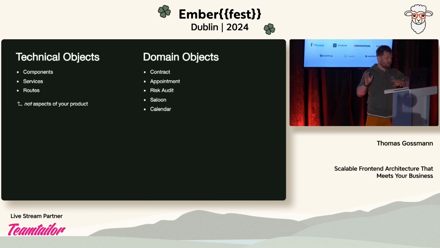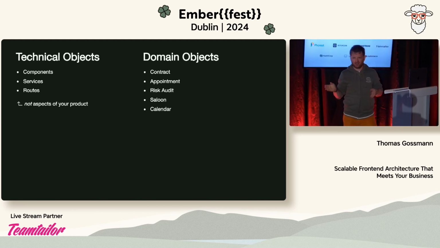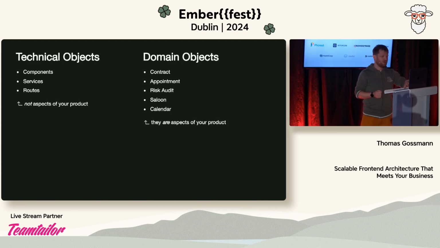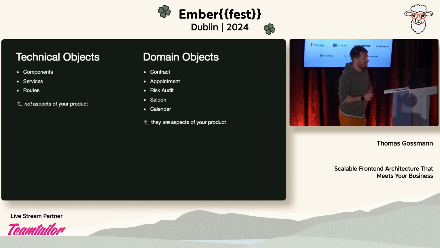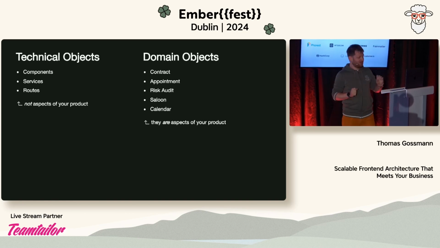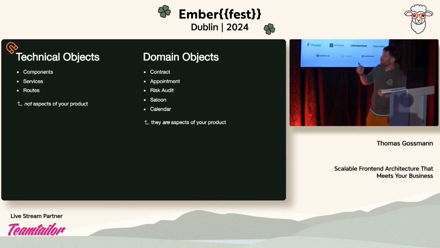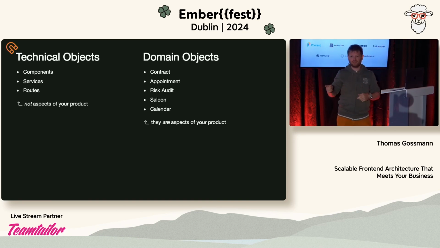The technical objects are not aspects of our products, but the domain objects are. However, these technical objects have a very strong magnet and draw engineers towards them rather than the domain objects. The domain objects, however, are the reasons of existence for the technical objects that we use to implement them.